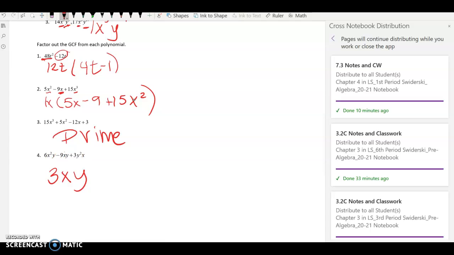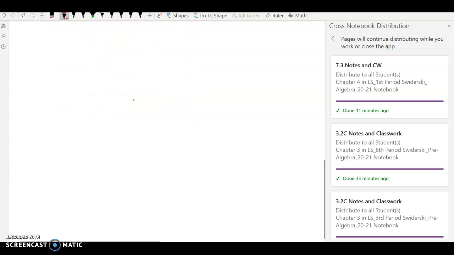Okay, as I go through, that means I am left with 2, because 3 times 2 gives me 6, x, there is no y in this term, minus 3, because I pulled the xy out, plus, when I pull out 3xy, I'm just left with y. So here is my factored polynomial. Or sorry, my GCF pulled out of the polynomial.